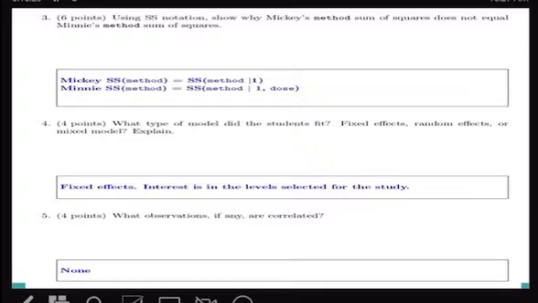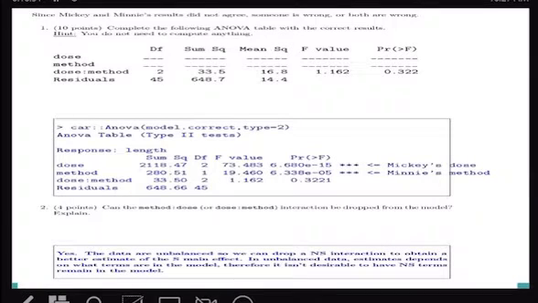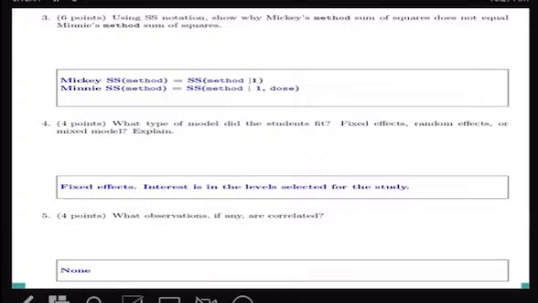Don't forget, when you go back to the table, we choose Mickey's dose and we choose Minnie's factor method. If you want to write the reason, this is the reason. They say using SS notation. So why is Mickey's method sum of square not equal to Minnie's method sum of square?